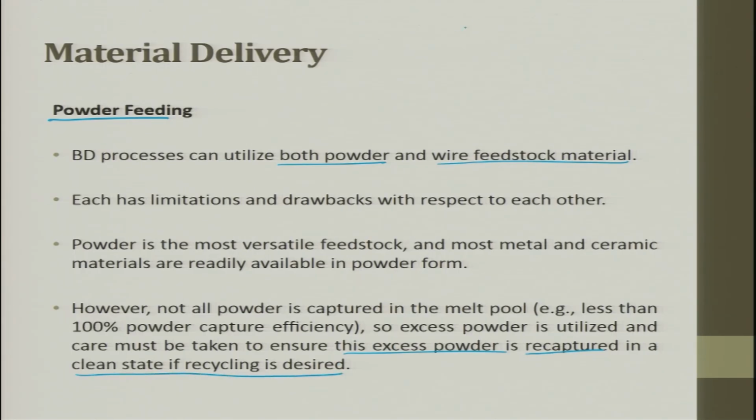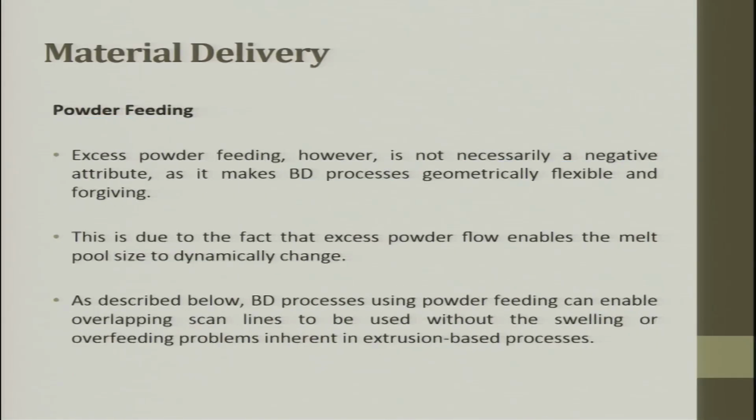So that means, if you dump a lot of powder, it is not necessary that all of it will be melted. So you will have only a track. Along the track it melts, and the rest of the powder should be removed so that it can be used for melting.